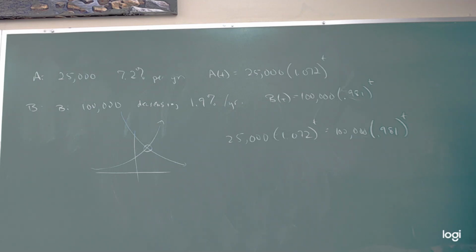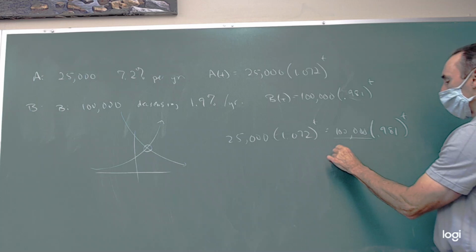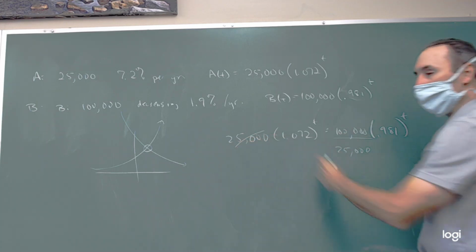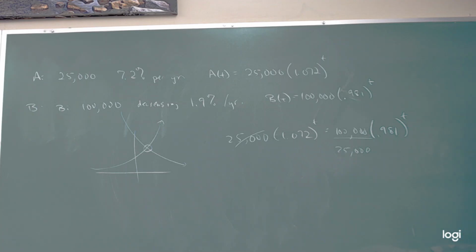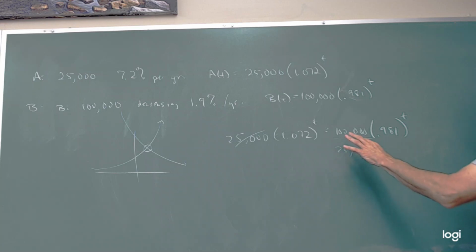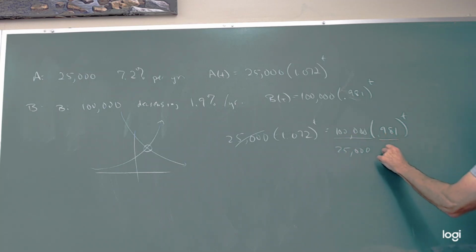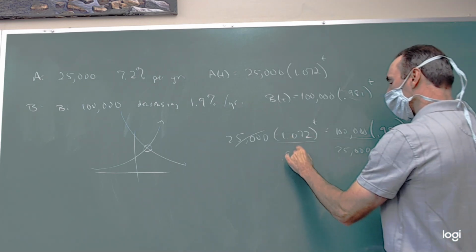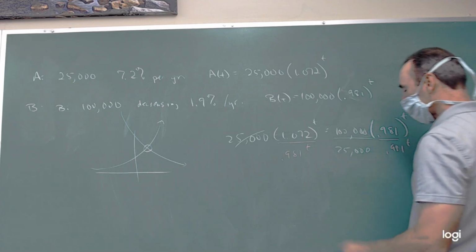Divide by 25. Okay, good call. We'll divide by the 25,000. You can divide by the 100,000, but we'll try to avoid the fractions. What else are we going to do? Take the log of both sides? Whoa, not yet, we're not ready for the log yet. Divide by 0.981, yeah, and then we can factor out the t. There you go.